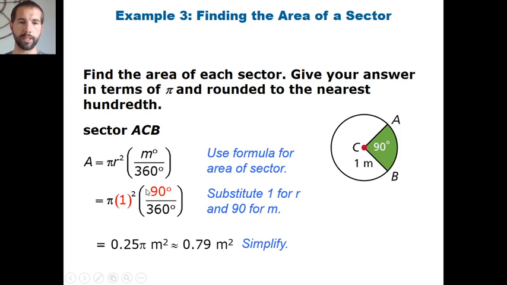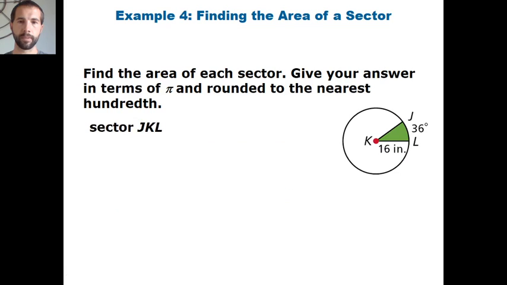When we do 1 squared times 90 divided by 360, we get 0.25, as expected because it is a quarter of the circle. So it's a quarter times pi meters squared, and then if we multiply, we get approximately 0.79 square meters.